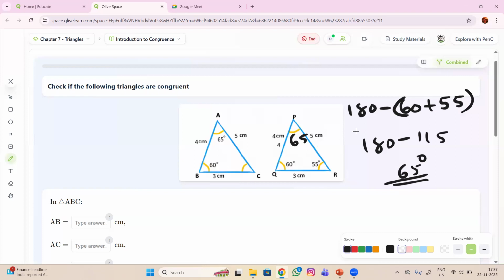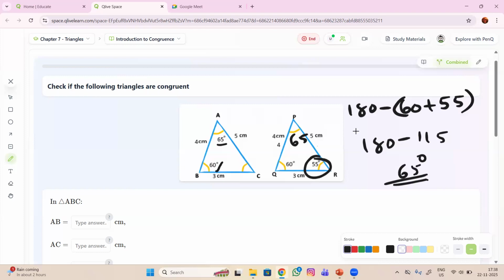So the three angles of these triangles are 60, 55, 65. Here 65 also here and 60 also here, and the hidden angle, the angle opposite to the side 4 centimeter, is 55.